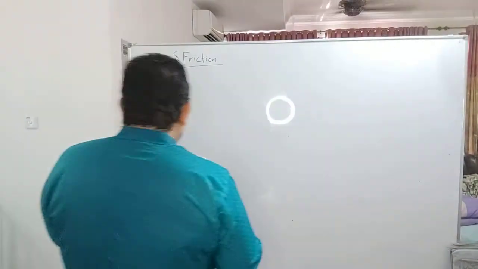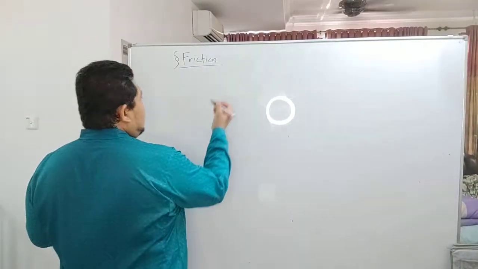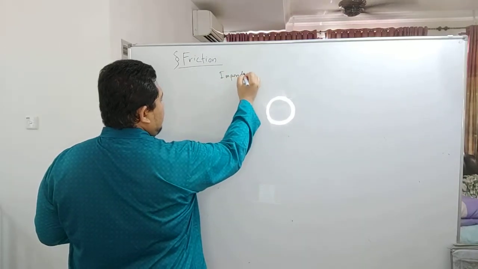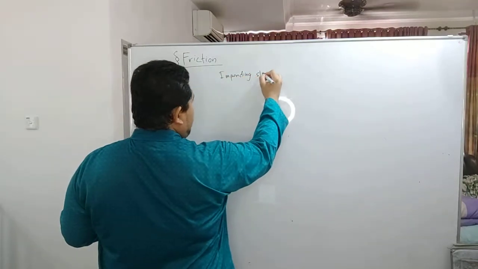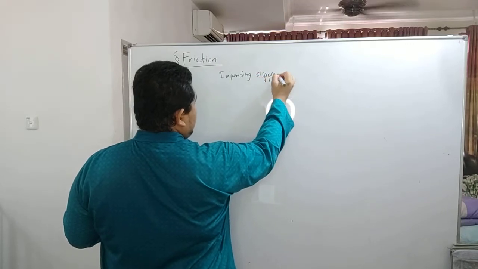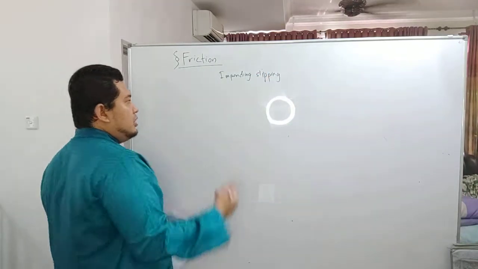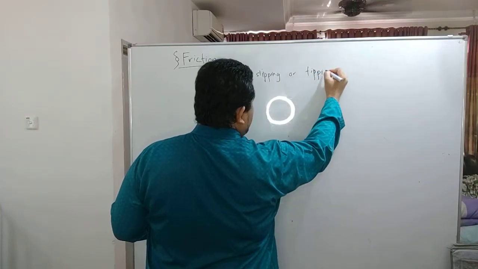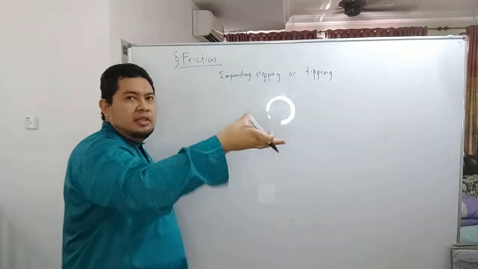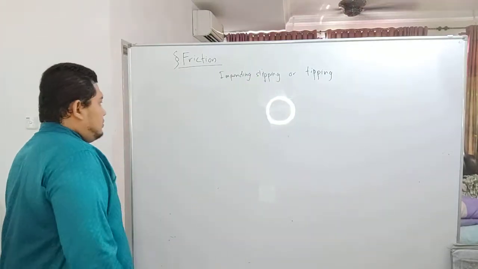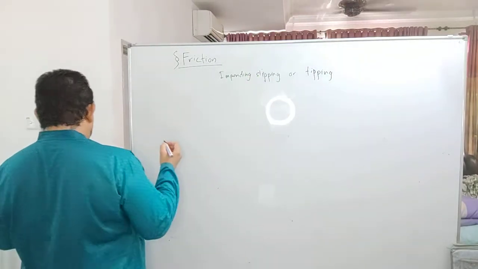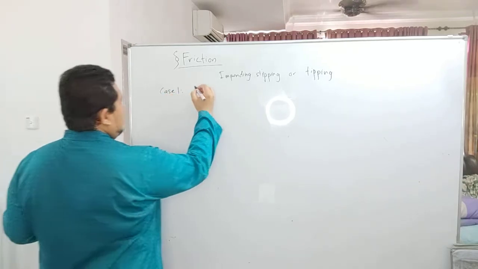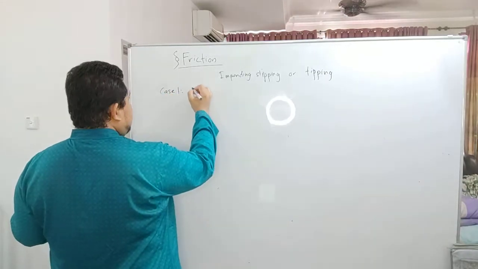Another condition that you need to know is whether the object is impending slipping, slipping, impending motion, or tipping. Tipping means tip over. So this one is the case where slipping occurs.